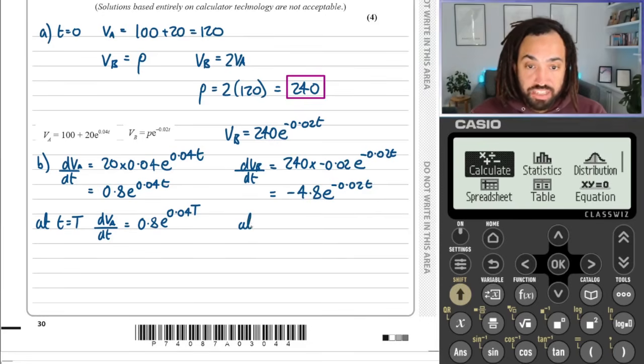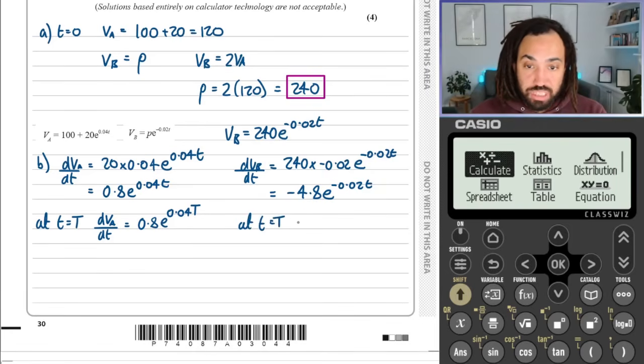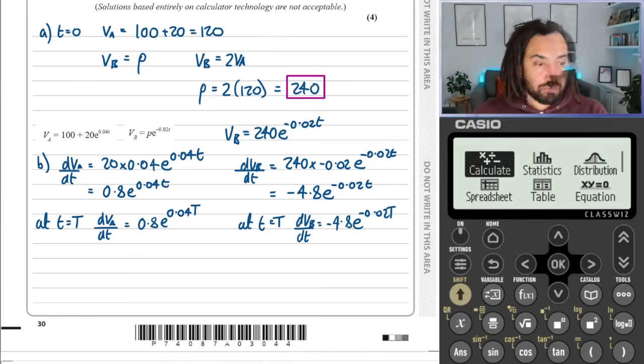And then at this special point where t equals capital T, the derivative of this one will equal minus 4.8 e to the minus 0.02 capital T.